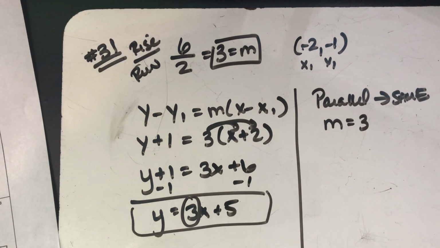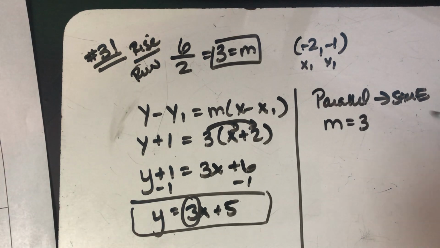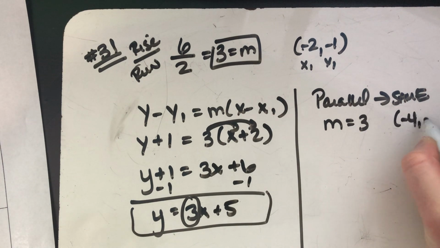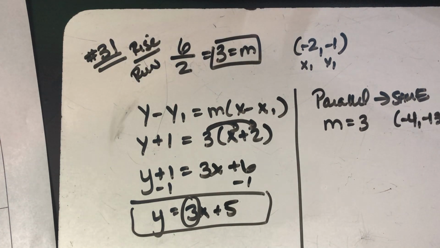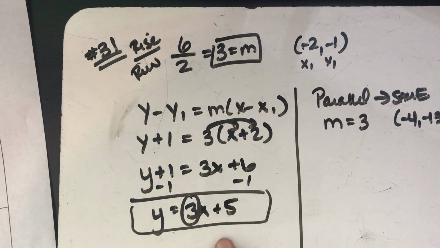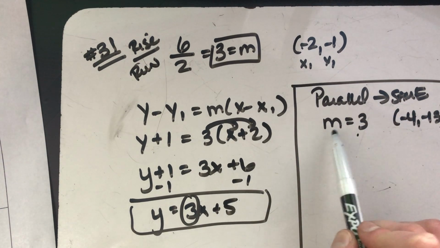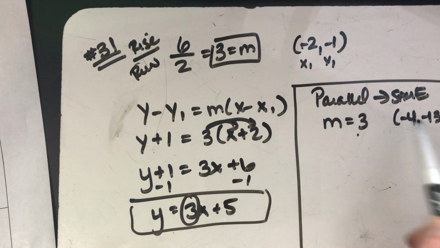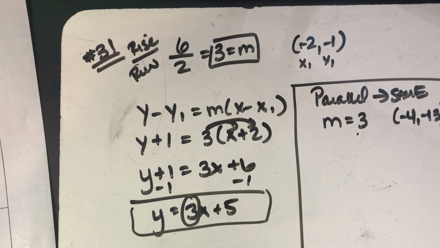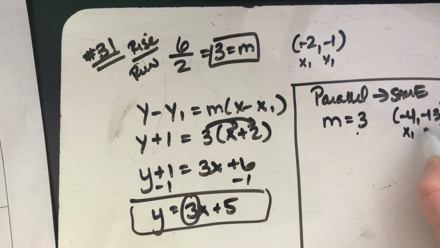Well, it says, write a linear equation that's parallel to the line below and passes through the point -4, -13. So we actually only needed this graph to find the slope. Now, I find it good practice to show you how to get it into slope-intercept form, but all you needed is this part. You had to look at the graph to find the slope, and they gave us the point it should be passing through. So now, x1, y1.